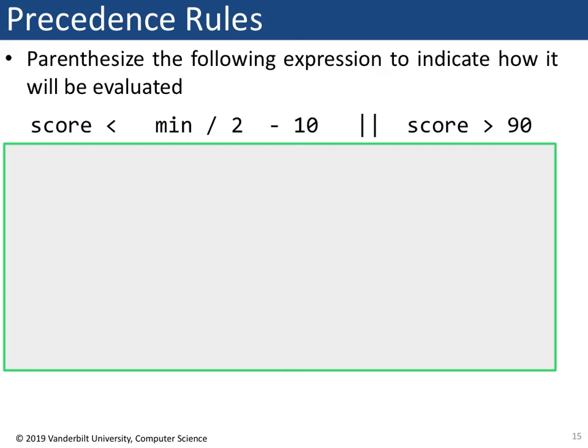The next highest precedence operators would be unary operators, so not or unary plus or unary minus, but we don't have any of these either. So then we have our binary arithmetic operators. So we have a binary arithmetic operator, division, and we have binary arithmetic subtraction. So the highest precedence is the division.